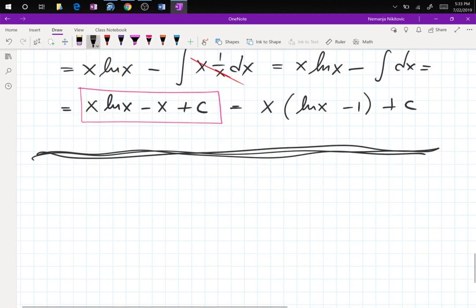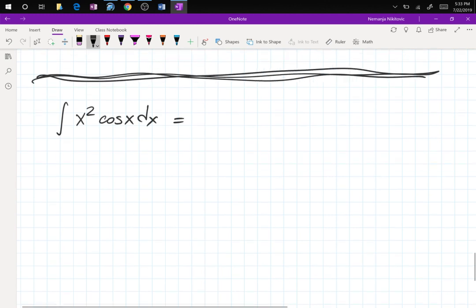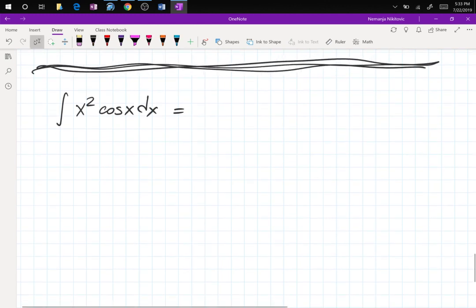The next creature that we are going to take a look at is x squared cosine x dx. So we had x times sine, and we were able to solve it in 2 lines. Now this one is x squared. So what should we do now?